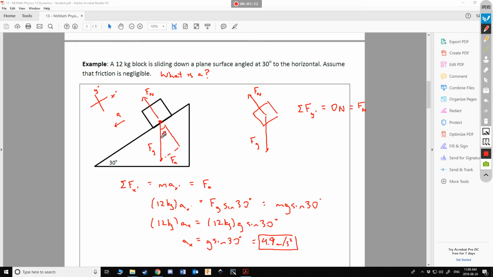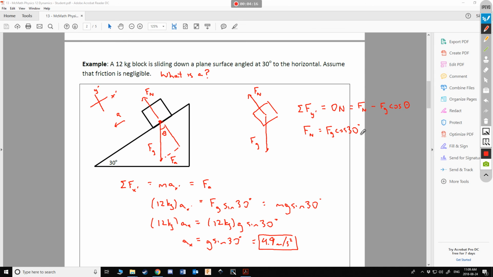But then what does Fn equal to? It's actually just equal to that cosine component of Fg. So it's going to be minus Fg cosine theta. So you actually get Fn is just equal to Fg cos 30 degrees.